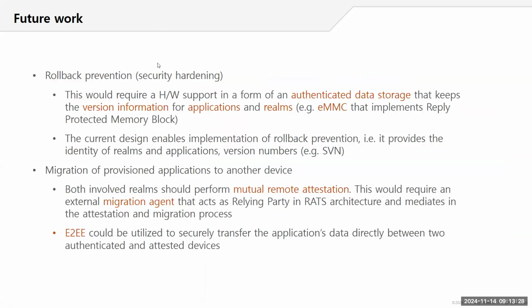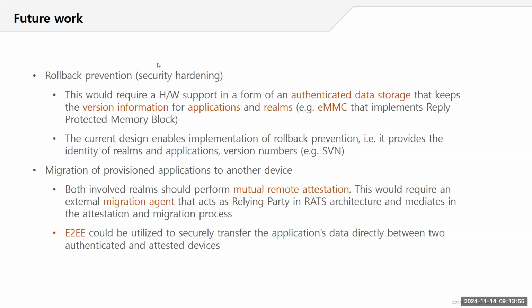And another feature that we are interested in is the migration of confidential applications between end user devices. So basically, we'd like to handle a case when a user buys a new smartphone and wants to transfer all applications and data from the old device to the new one. And we have some initial thoughts about how it can be done.